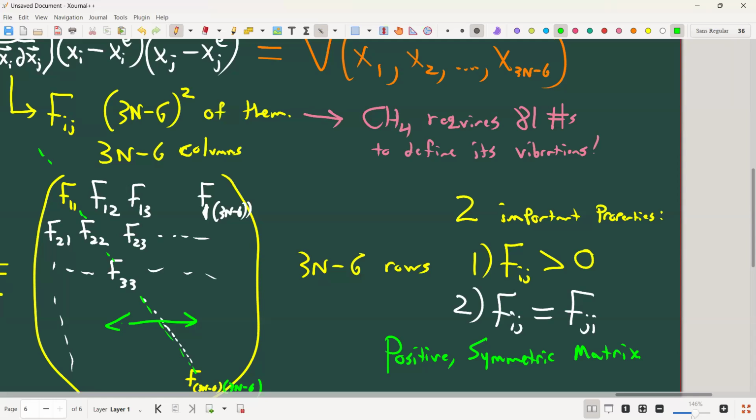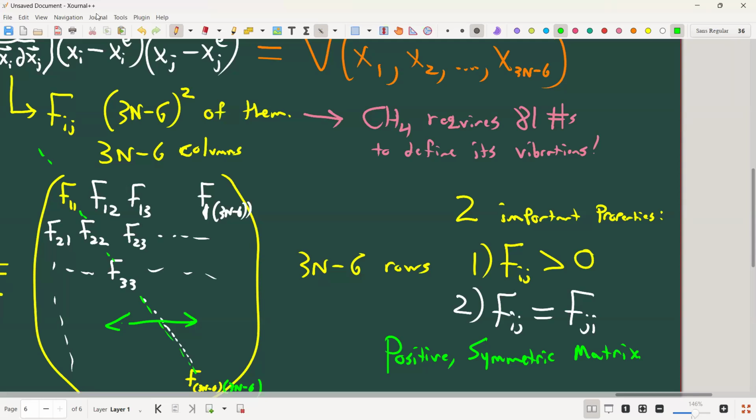Now we can always multiply this matrix by a special matrix. We can always change our coordinates. We can redefine what x1, x2, x3, all the way to x3n minus 6 are. We can change them so that this matrix is only diagonal. Zeros everywhere except for the middle. We can always take this matrix and represent it in a different form where the matrix is purely diagonal. There's only 3n minus 6 components.